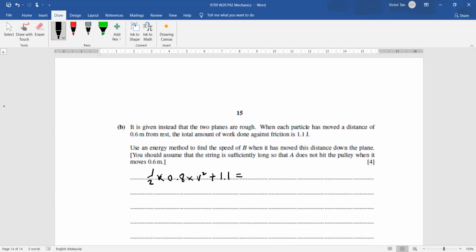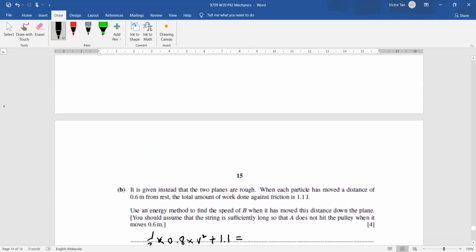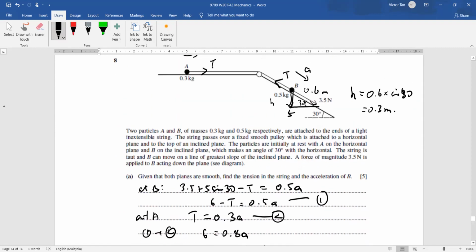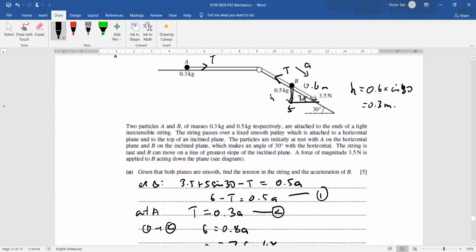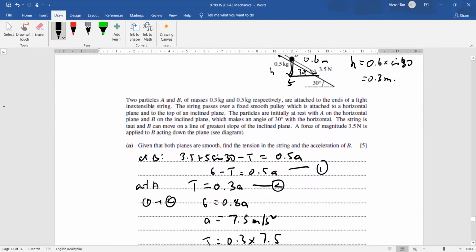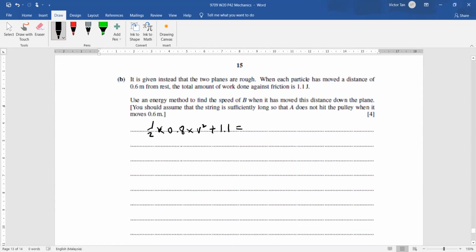Equals work done by the force on B, 3.5 times 0.6, plus the loss of potential energy, 0.5 times 10 times 0.3.